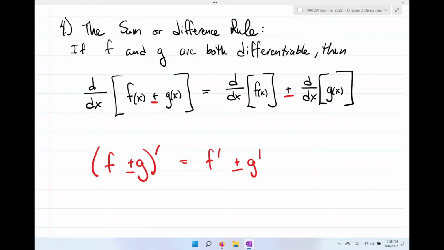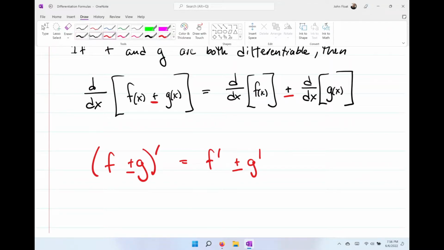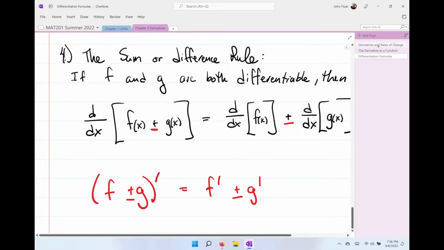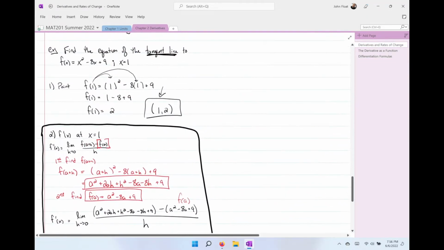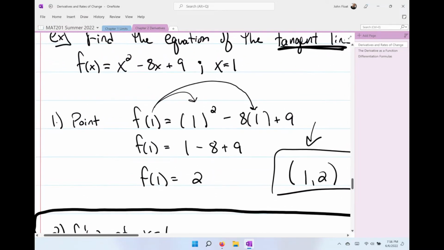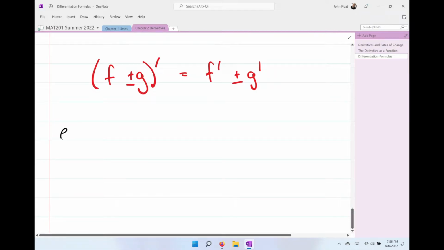Now we can get into the problem that we discussed at the very beginning of class, which is this problem right here. All right. So we have f of x equals x squared minus 8x plus 9. So here's an example. If f of x equals x squared plus 8x, was it plus 8x?